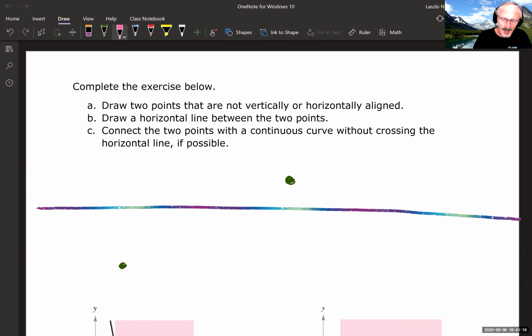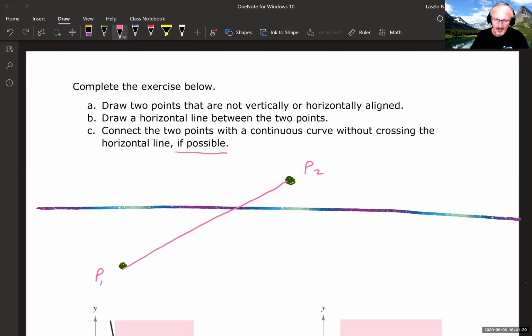This "if possible" gets me to perk up, because if I'm attempting to connect these 2 points, let's call this point 1, point 2, I'm actually finding it impossible to connect the 2 points without crossing this line.